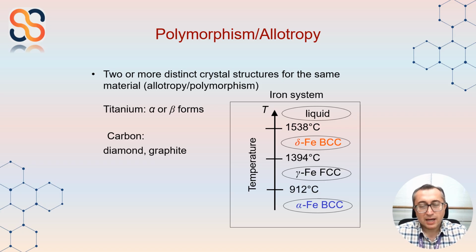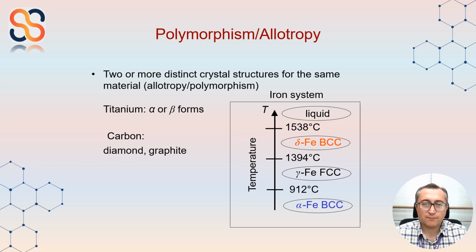In addition, iron. The iron system demonstrates this behavior at various temperatures. Liquid iron, with melting point at 1538 degrees Celsius. We have body-centered cubic delta Fe structure, which is stable above 1394 degrees Celsius.